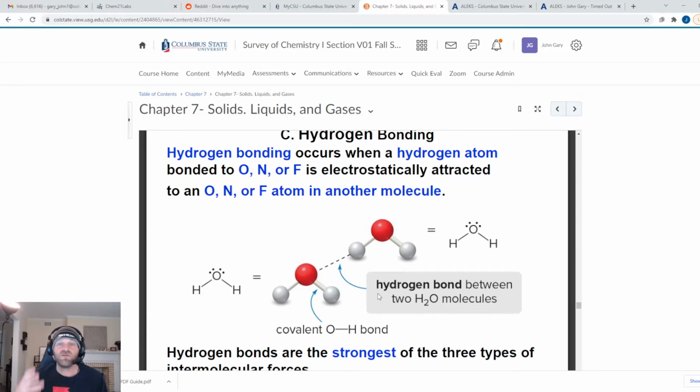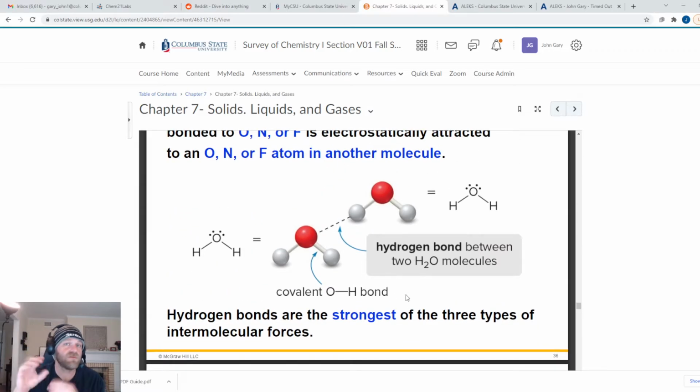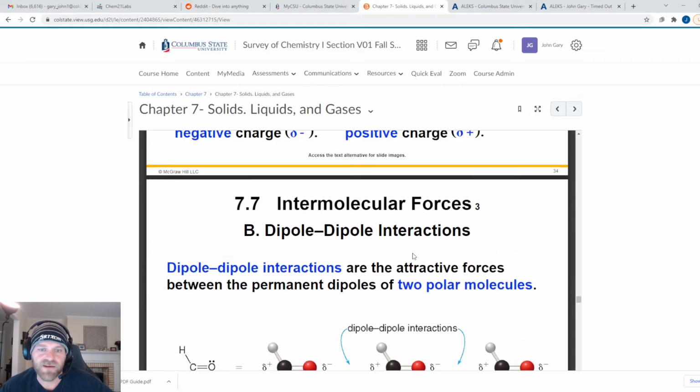It's usually between oxygen and hydrogen or nitrogen and hydrogen. The slightly positive hydrogen will find the more negative elements and create weak bonds with them. That's why water stays liquid up until 100 degrees: these hydrogen bonds are holding the molecules together. That's why water flows together and stays tight to each other.